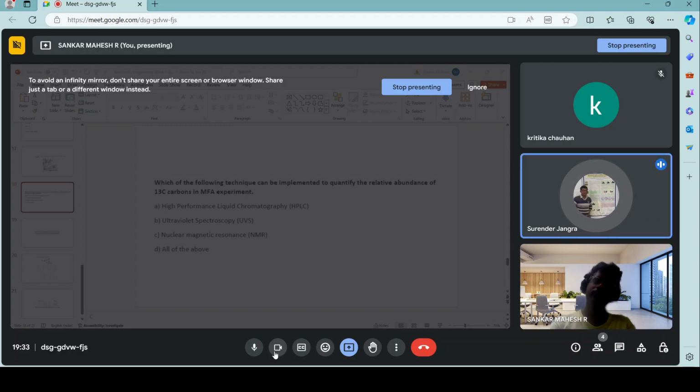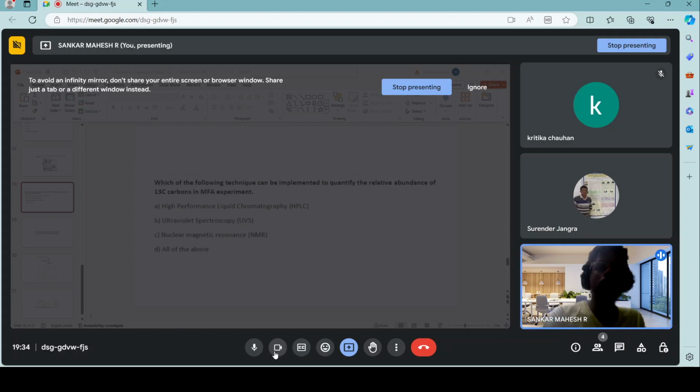So they are not working at the atom level, like C13. It is not able to differentiate between C13 and C12, because absorption works for a particular entity. Yeah, true. What matters in ultraviolet spectroscopy is the total concentration.